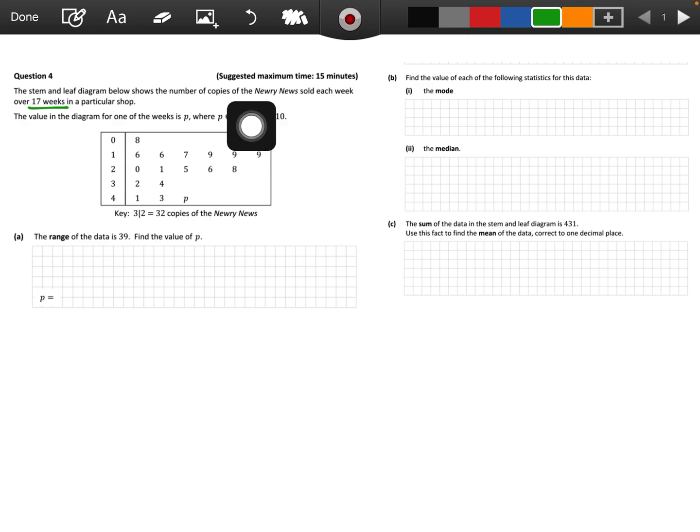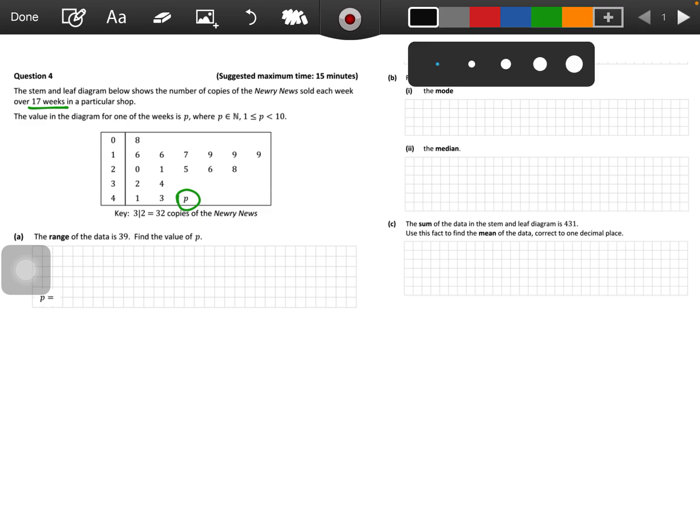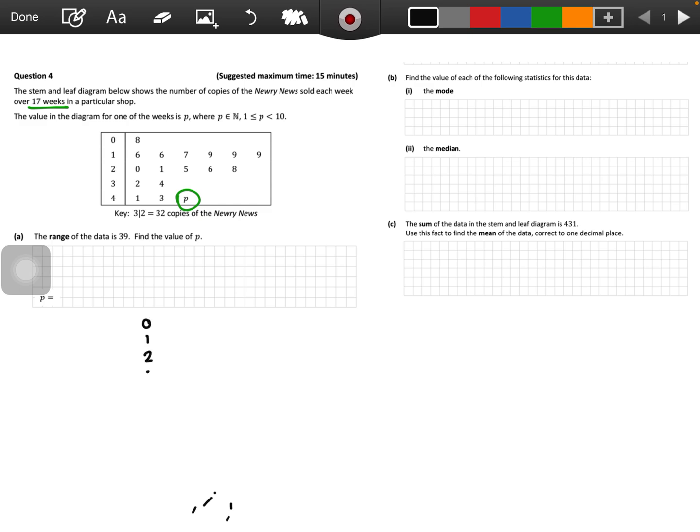Now, this is something we already know anyway, because in any stem and leaf diagram, the leaf is always only one digit. So think back to when we looked at the length of people's hair, with hair of all different lengths. Let's say someone's hair was more than 100 centimetres long.